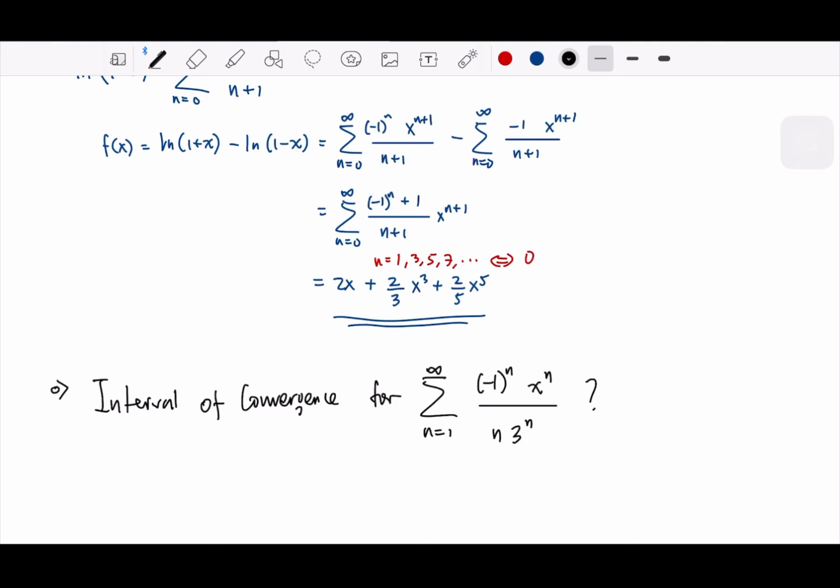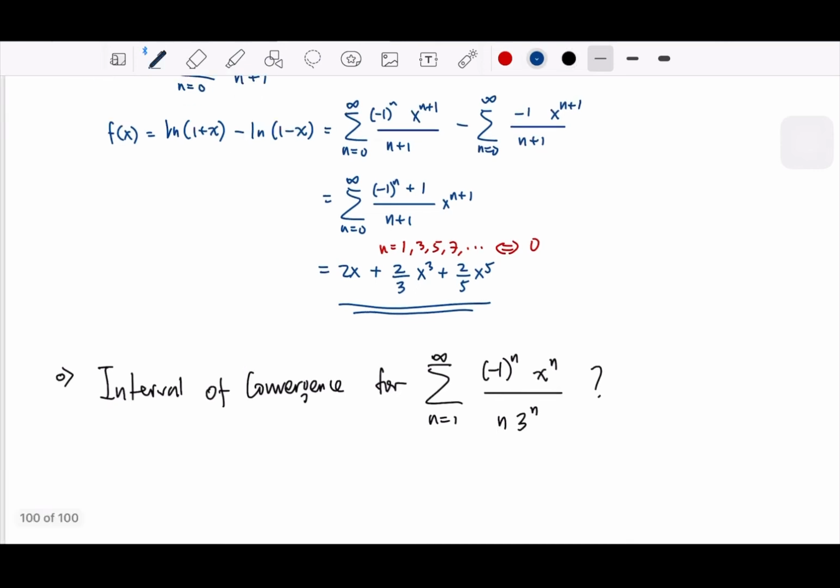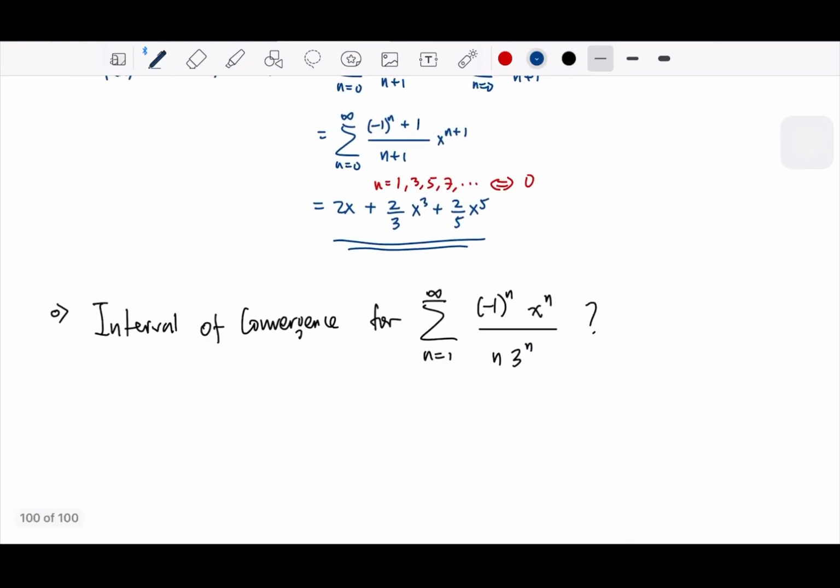Solve this as usual. For the power series, we need to reflect on the ratio test to check how good the convergence is. What about the radius? What about the interval you will get from the ratio test? The ratio test starts by taking the ratio of a n plus 1 and a n.